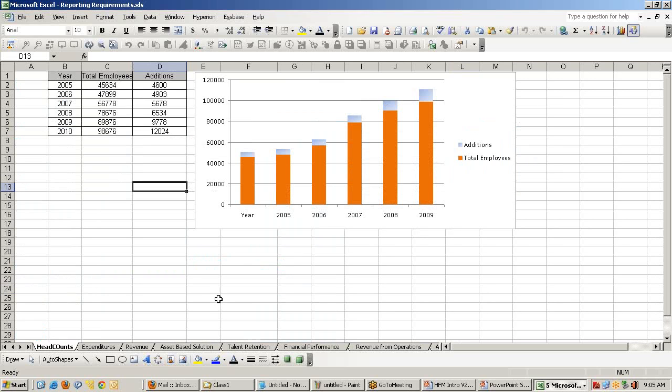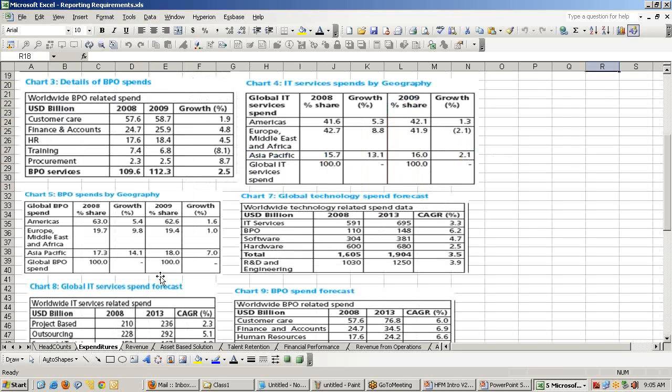So this is one of the financial closing reports for one organization. You can see they're also capturing the number of employees they hired each year, expenditure for each line of business, and expenditure for the BPO industry based on geographical region and customer demographics.